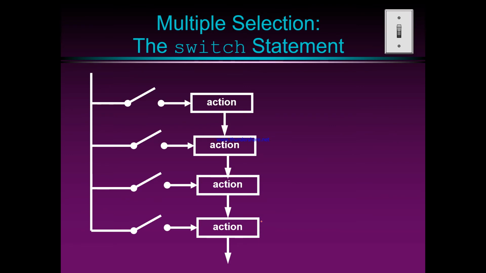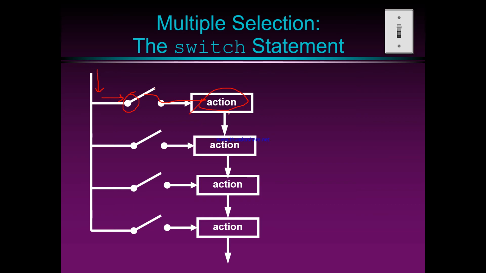This is another visualization of the switch statement, where the flow of the control, the flow of the execution, comes through this pipe, and first it will check the case. If it matches, this action will be performed.